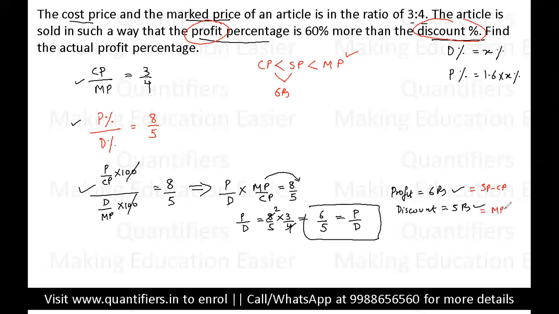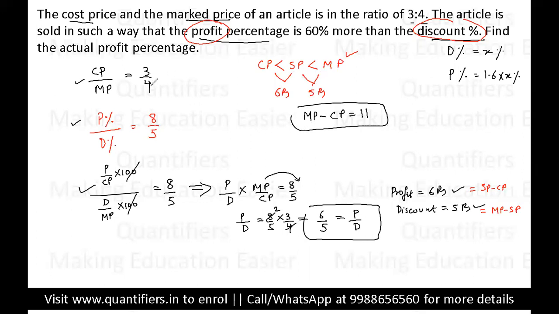Discount is mark price minus selling price. हम ये कह सकते हैं कि ये वाला जो difference है, difference between MP and SP, that is nothing but 5 rupees. So from here, we can easily figure out that the difference between mark price and cost price is 11 rupees.